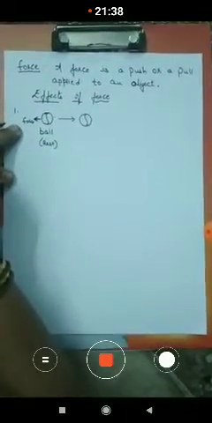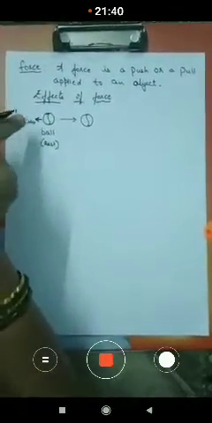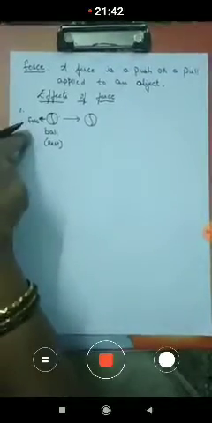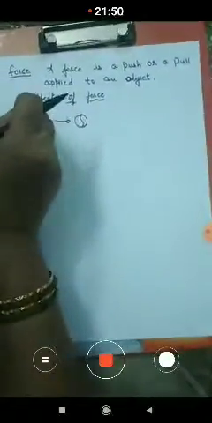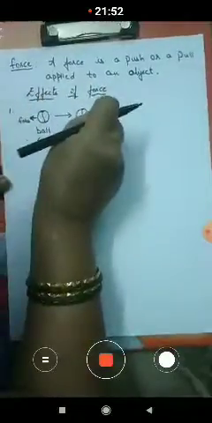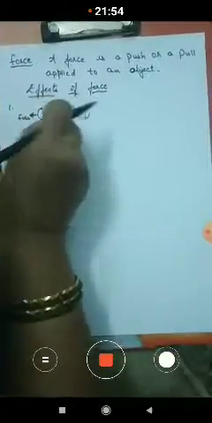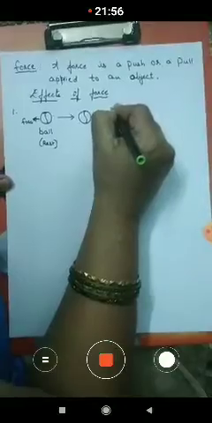When I apply the force, I am making the ball move forward. So here I am producing the motion. The motion of the ball can be observed. So what is the first effect of force, children?